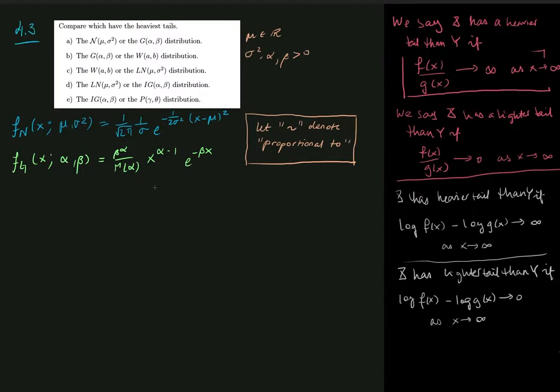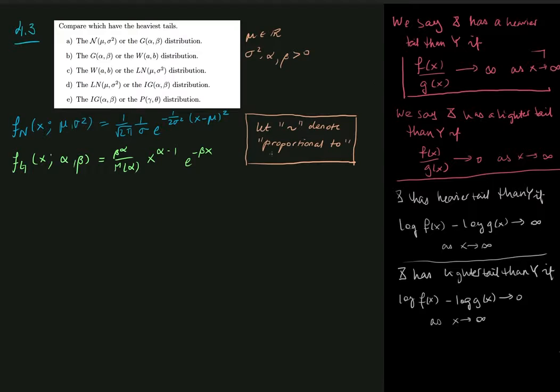So let us try to check which distribution has the heavier tail. The way we're going to do this is to take the ratio between the two densities and see what happens.